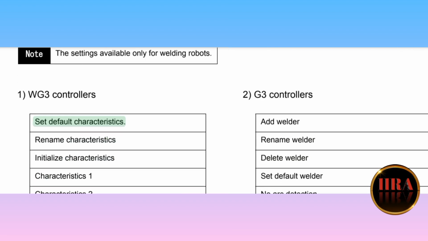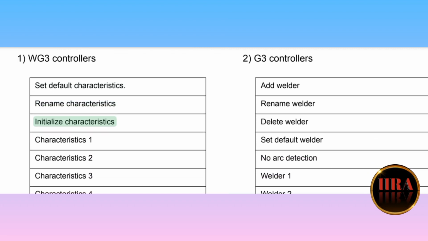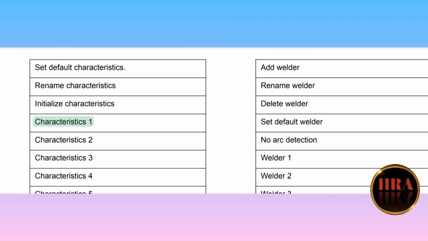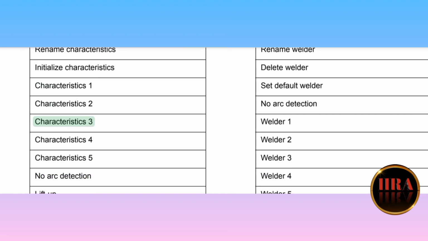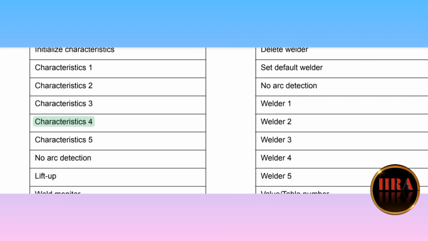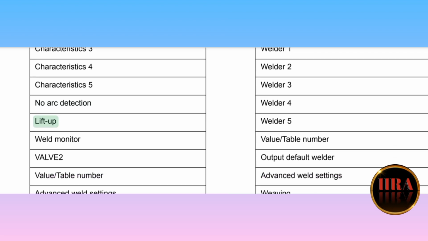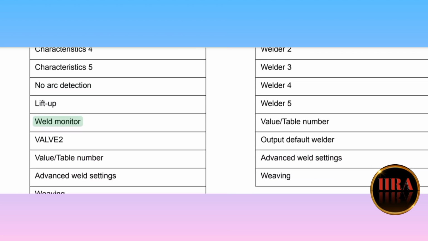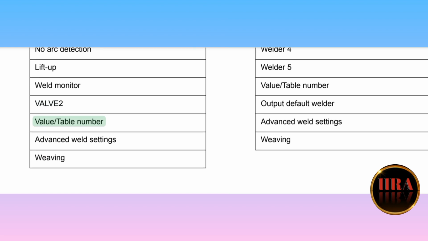Set default characteristics. Rename characteristics. Initialize characteristics. Characteristics 1, 2, 3, 4, 5. No arc detection. Lift up. Weld monitor. Value, table number.